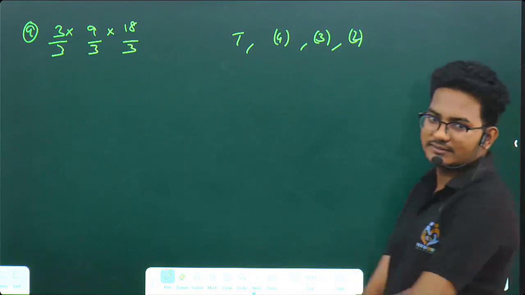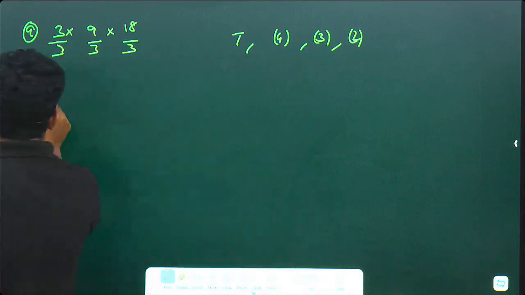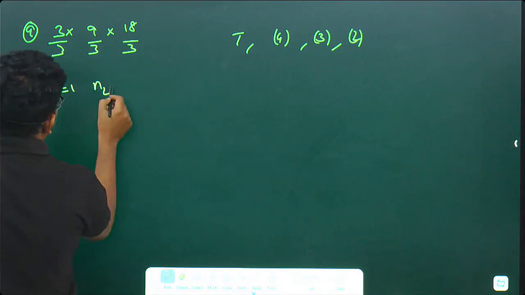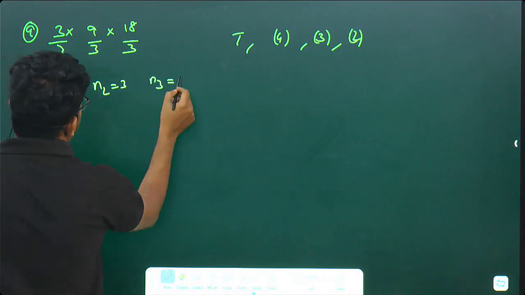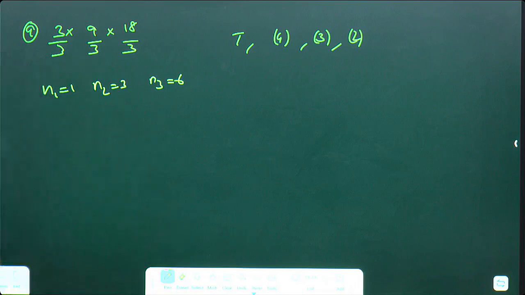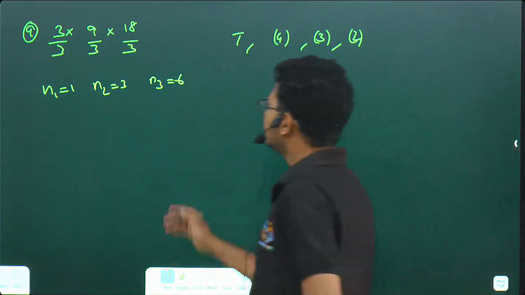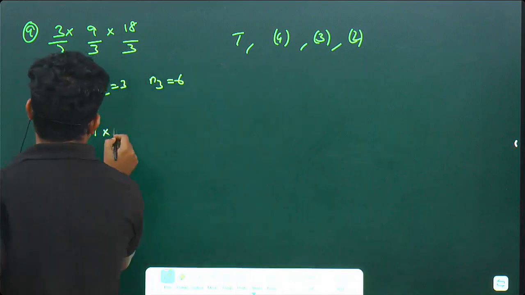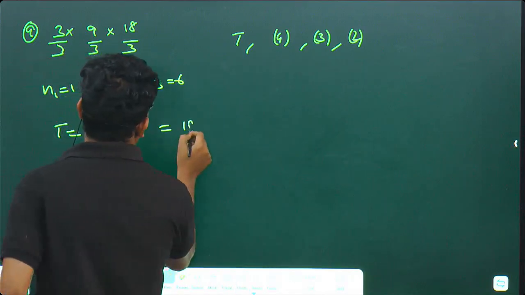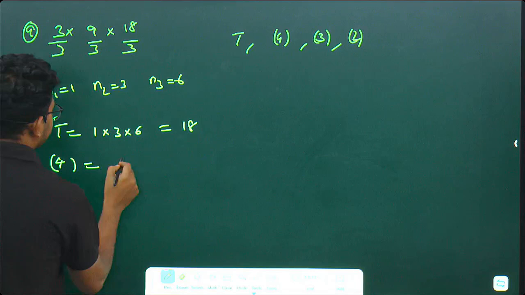Okay, got the answer? So N1 here is 1, N2 is 3, N3 is 6. Simply, the total you need to find is 1 into 3 into 6, which is 18. 4 surfaces painted is 4.